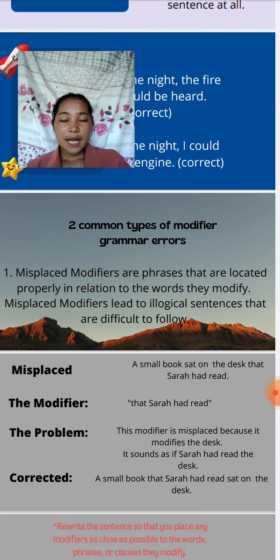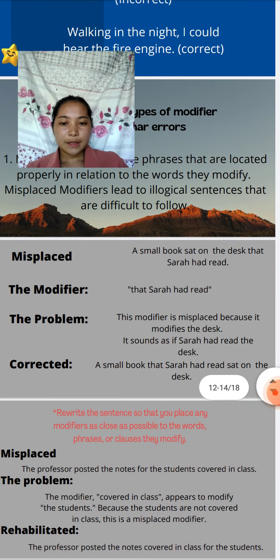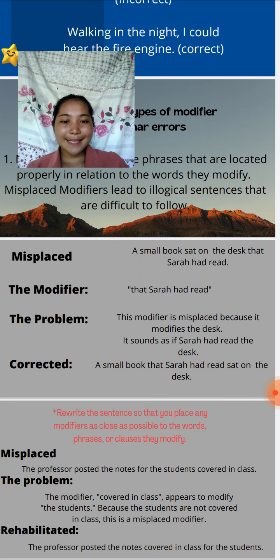So misplaced modifiers are phrases that are not located properly in relation to the words they modify. Misplaced modifiers lead to illogical sentences that are difficult to follow. Example, a small book sat on the desk that Sarah had read.